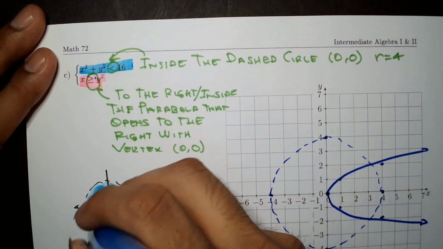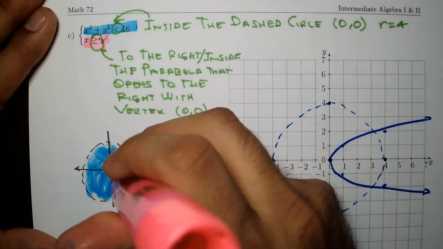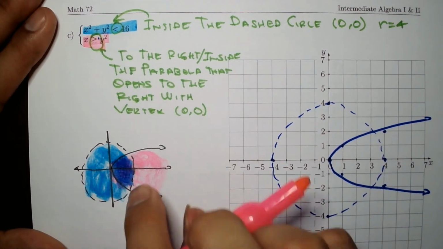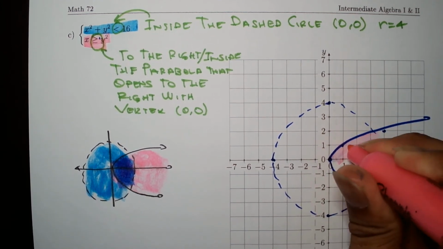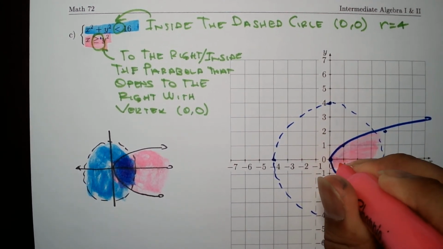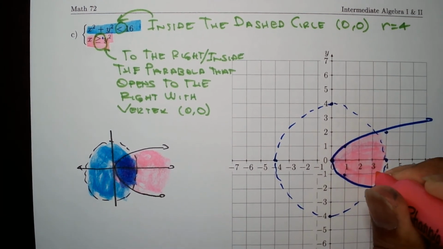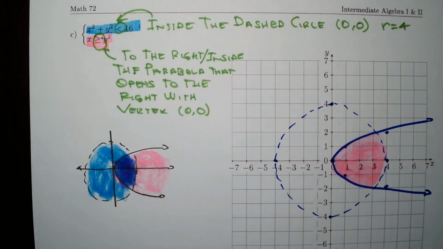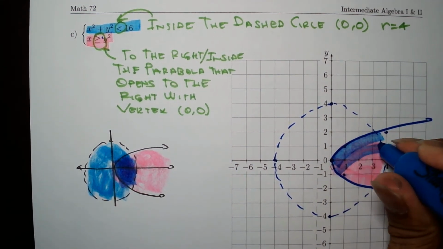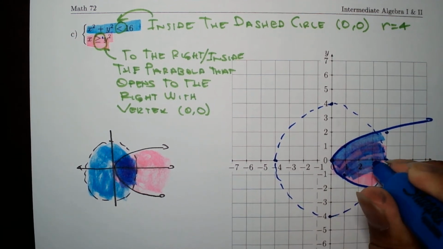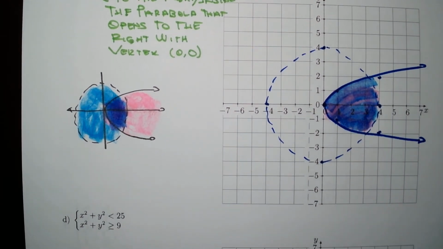Can you see where the pink occurs? I mean the purple occurs? Do you see the purple? It's right here in this part. So that means we shade here, and over here, all right?